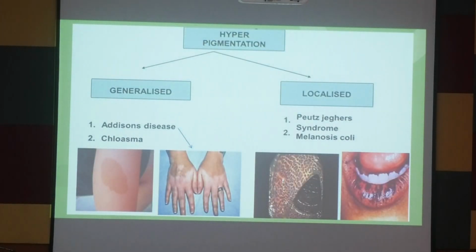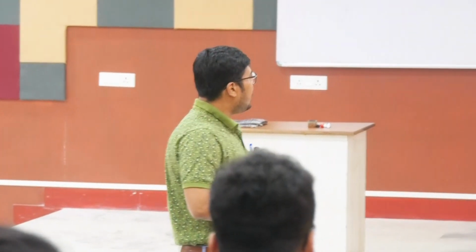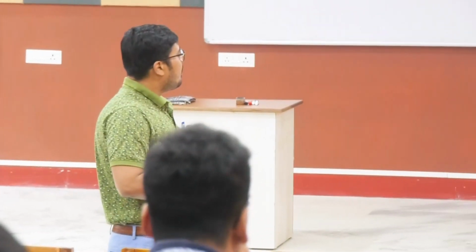So for hyperpigmentation, there are examples of generalized hyperpigmentation and localized hyperpigmentation. Among the generalized hyperpigmentation, the diseases are Addison's disease and chloasma. Okay, metabolic disease due to overproduction of mineralocorticoid.